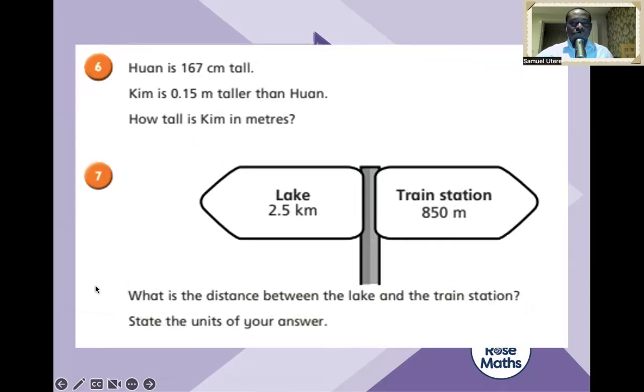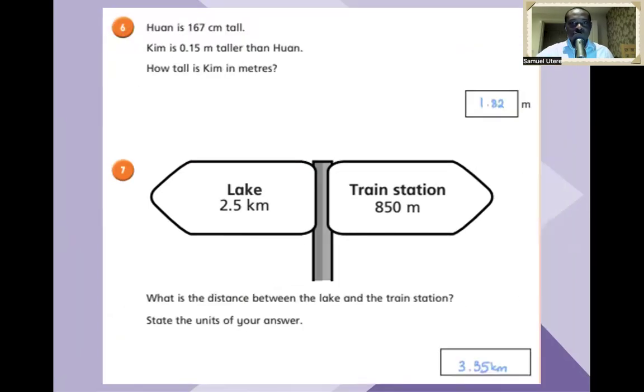Here you ask, pause the video and answer questions 6 and 7 in 2 minutes. Assuming you've paused the video and you've answered the questions, here are the answers. Okay, here you ask, Hyun is 167 centimeter tall. Kim is 0.15 meter taller than Hyun. How tall is Kim in meters?